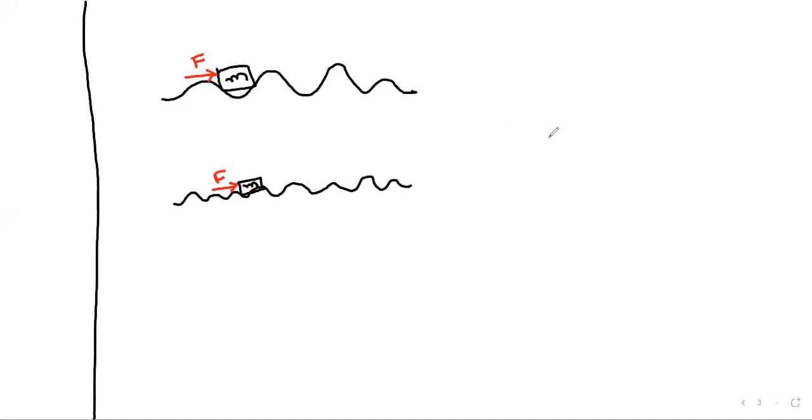Before that, firstly, I am having a horizontal surface. An object of mass m is placed such that an applied force F is applied on the object. Since it is a rough surface, we have a frictional force.